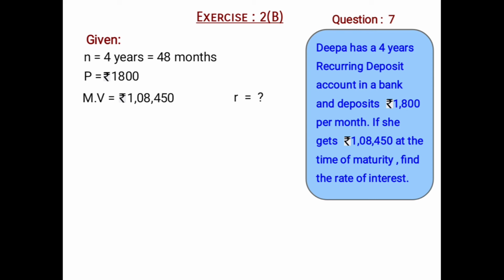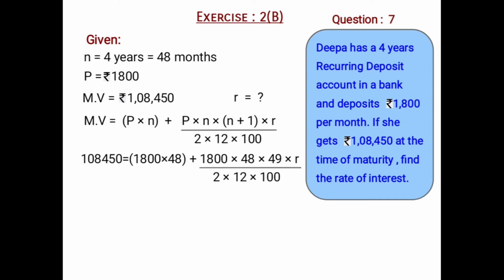We want to find the R value. For that we know the formula MV. Next we are going to substitute the values of N, P and MV. After substitution we want to simplify it.